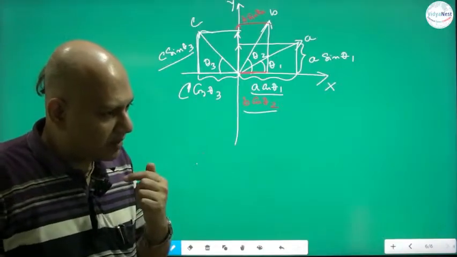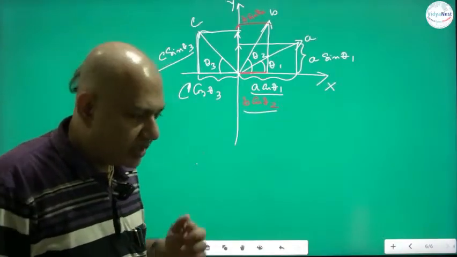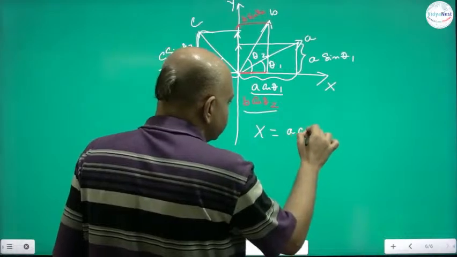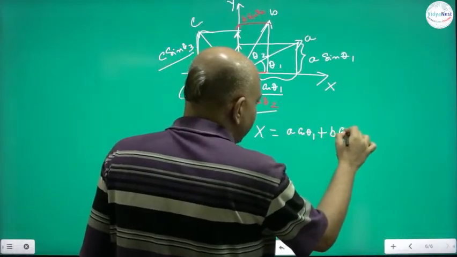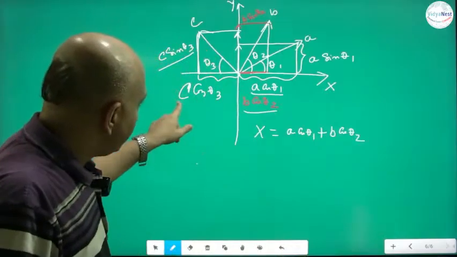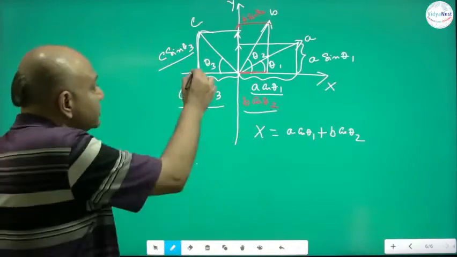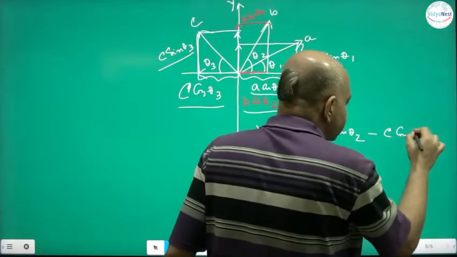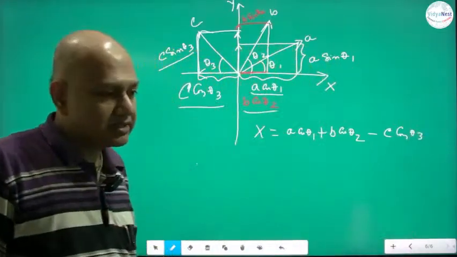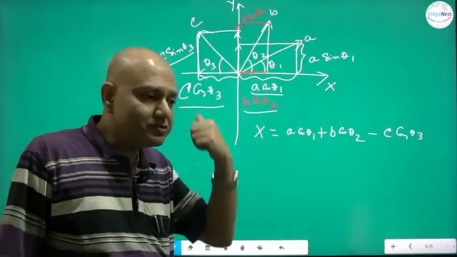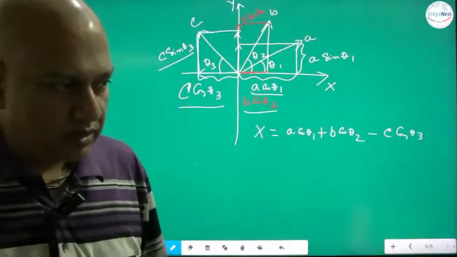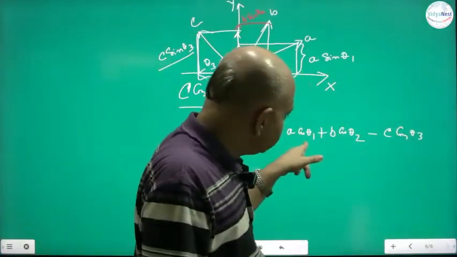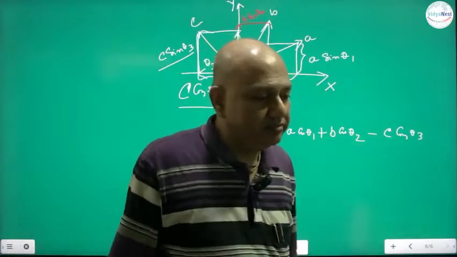If not, ask me. Very good. So the final x is A cos theta 1 plus B cos theta 2. But C cos theta 3 is oppositely directed, 180 degrees, so it should be subtracted. So finally the total x is A cos theta 1 plus B cos theta 2 minus C cos theta 3.